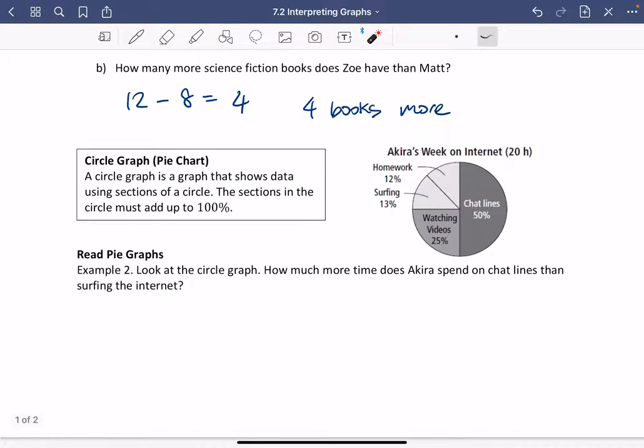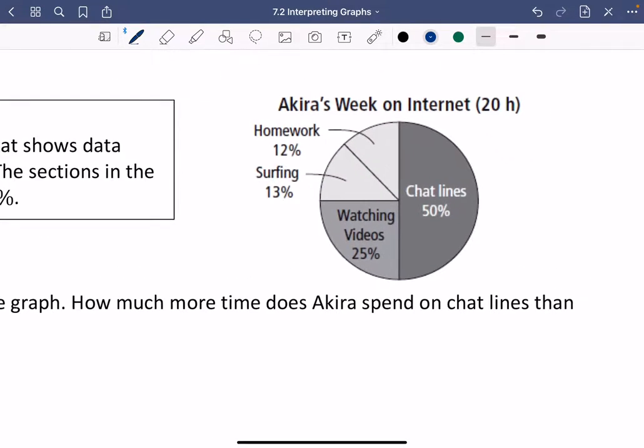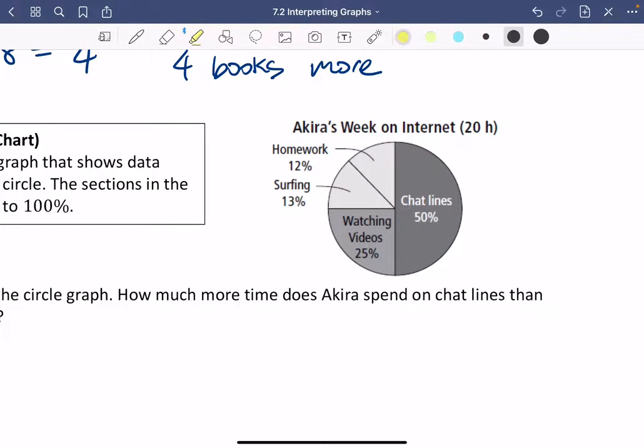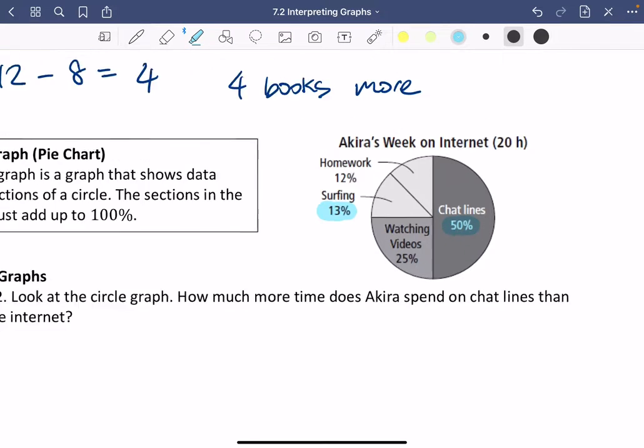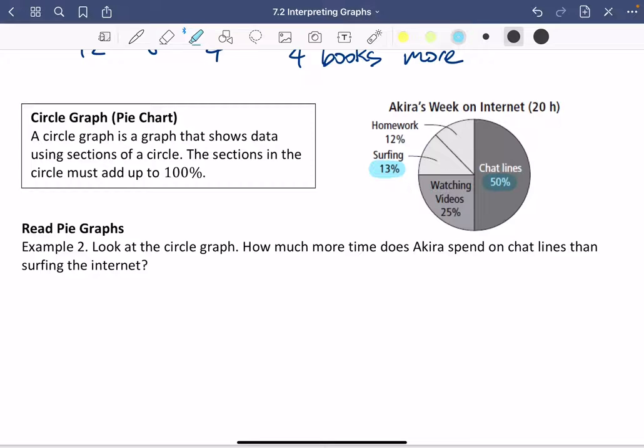Okay, so example number 2. Look at the circle graph above. How much more time does Akira spend on chat lines than surfing the internet? Let's look at the circle graph. She spent 50% of her time on chat lines and only 13% surfing the internet.